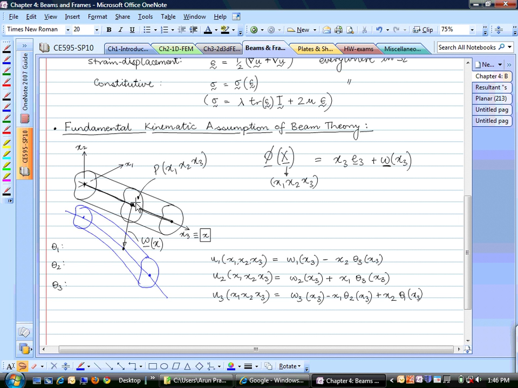And now if we want to find out where this point P goes, we try to imagine how this cross section takes a new position.